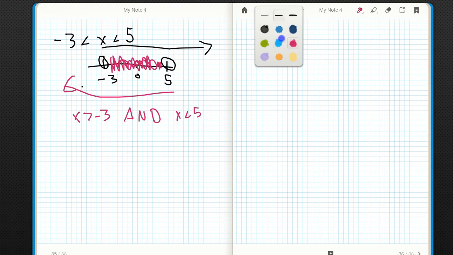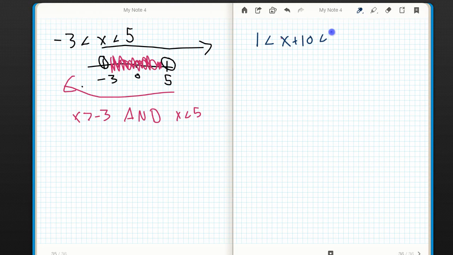So now let's do one involving numbers. So let's say 1 is less than x plus 10, which is less than 11. In order for us to solve the compound inequality, we must break it up into two inequalities. If you Google it, you might see other ways of doing it.